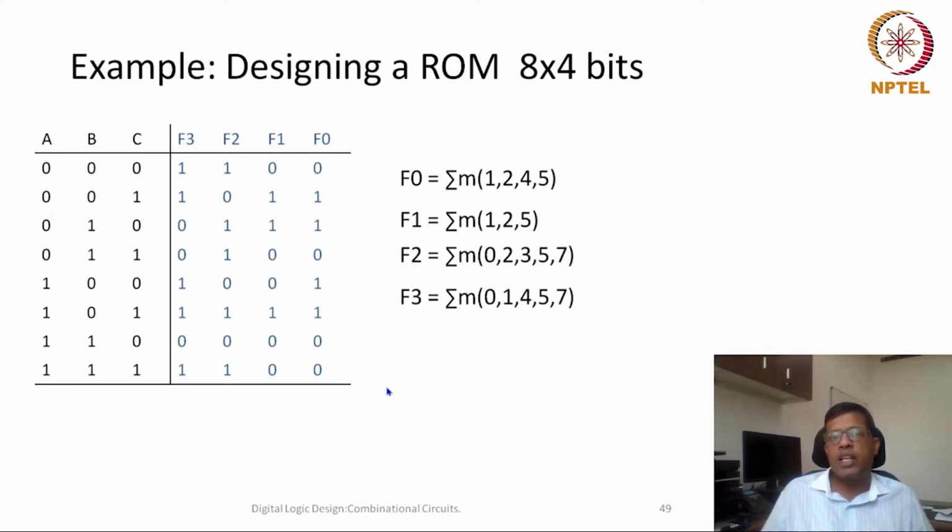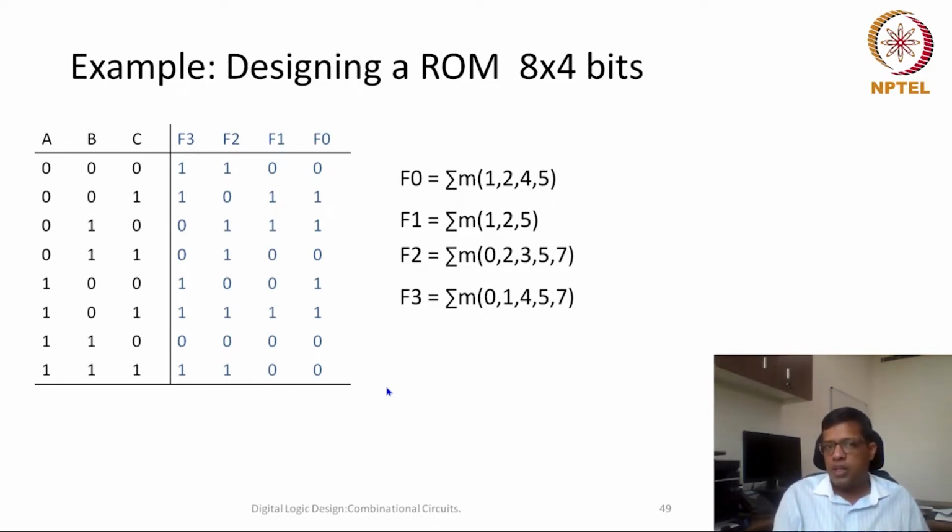So this way I can design a ROM. In other words, for designing a read-only memory, I can use my combinational circuits. I can use my AND and OR gates to say that yes, this is actually a ROM. In other words, we are also saying that in a ROM, your memory cells could be defined by your combinational logic.